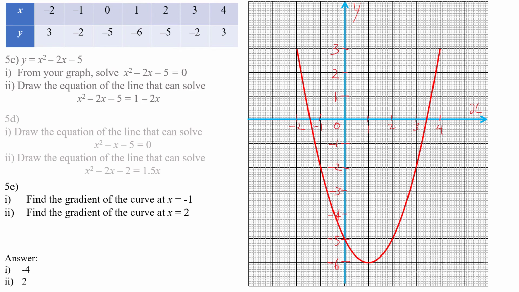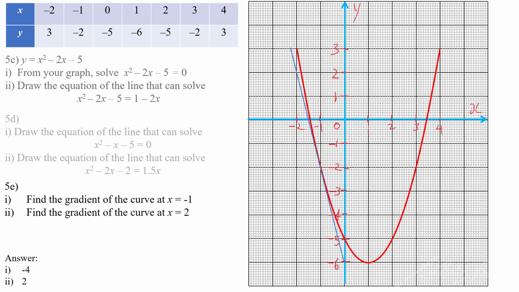If you can't get the answer, maybe your curve is not smooth enough, please redraw it. But if you think your curve is smooth enough, then please check your tangent. Are they being drawn correctly?